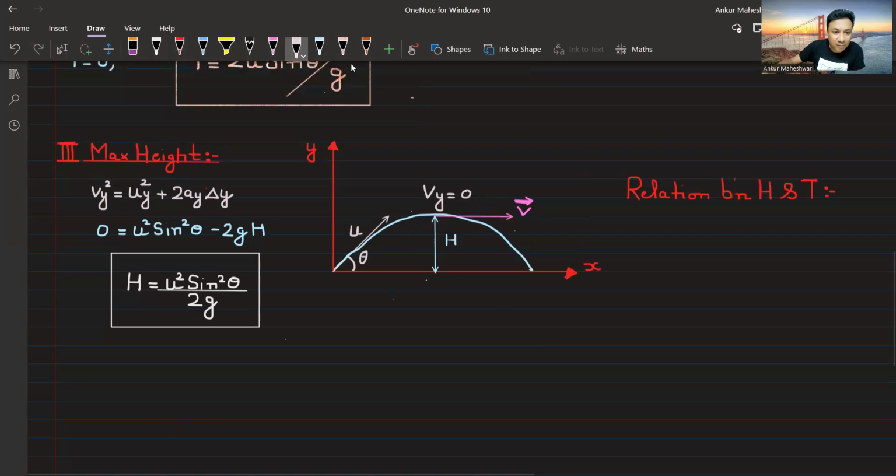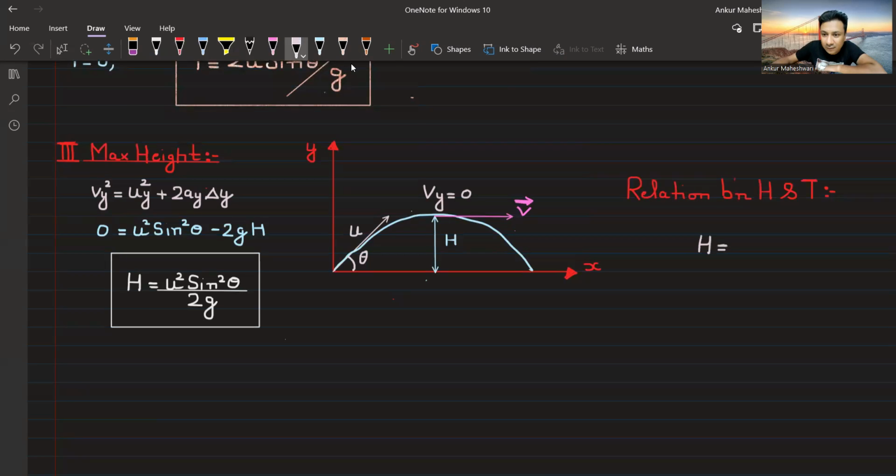So maximum height is uy square upon 2g. Time of flight is 2uy upon g. So if you want to cancel the uy component, you have to square the time. That is t square.